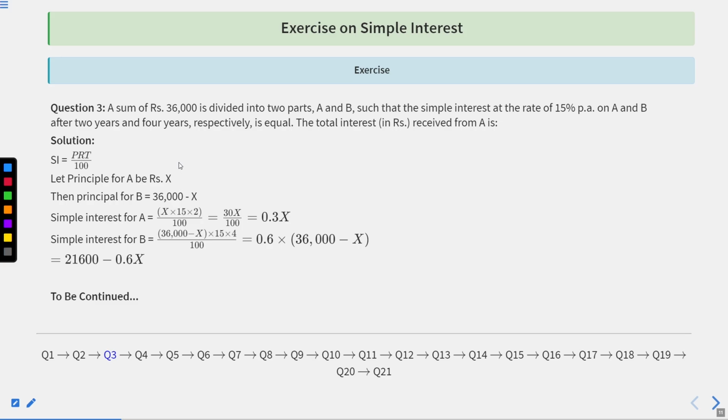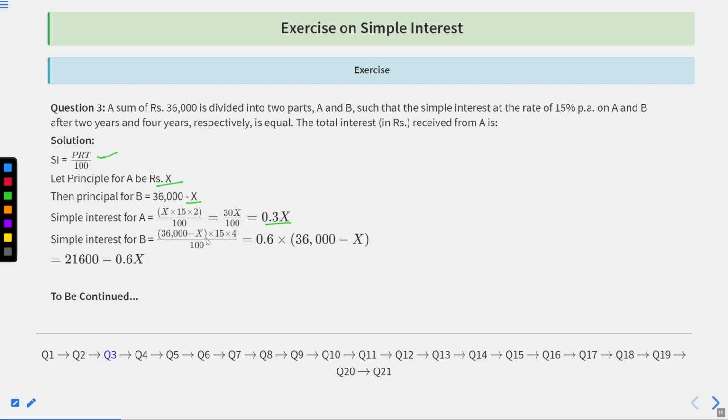So the solution, simple interest equal to PRT upon 100. So this is the formula we have seen a lot of times, and in each question the same formula is being used again and again. So let the principal for A be X, then the principal for B will be 36,000 minus X. And the simple interest for A is equal to X into 15 into 2 upon 100, that is equal to 30X upon 100, which is 0.3X.